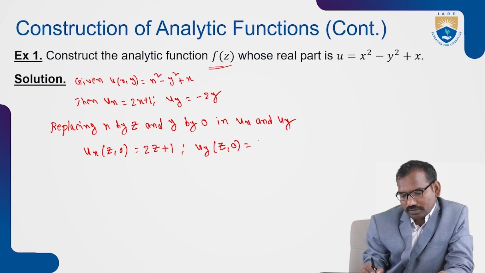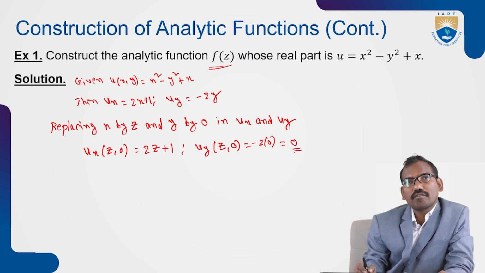So what are you getting here? Minus 2 times 0, that becomes what? It is 0 only. So we calculated u sub x and u sub y replacing x by z, y by 0.